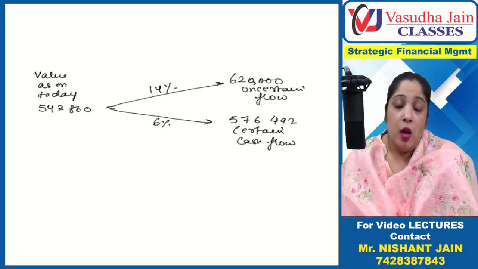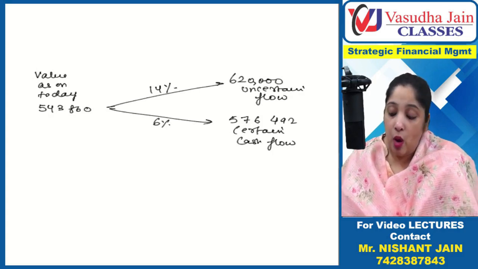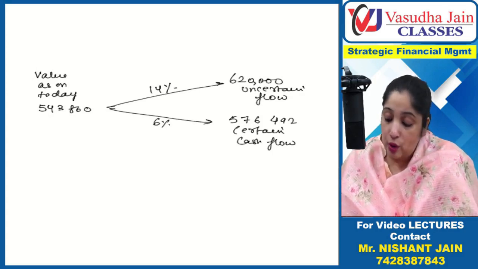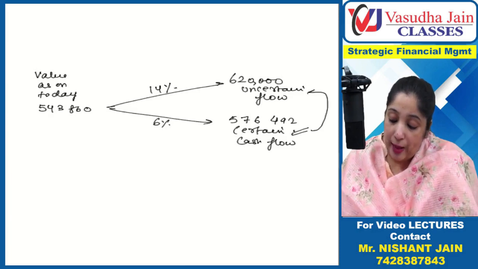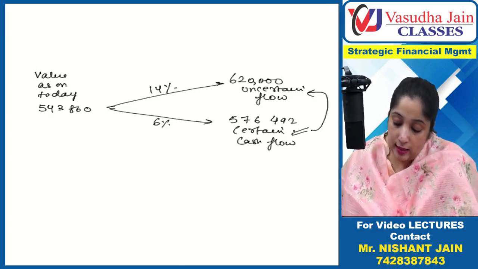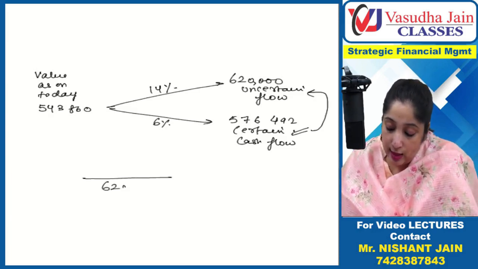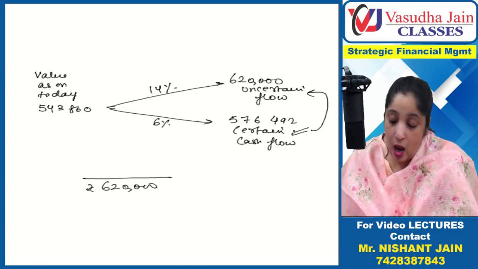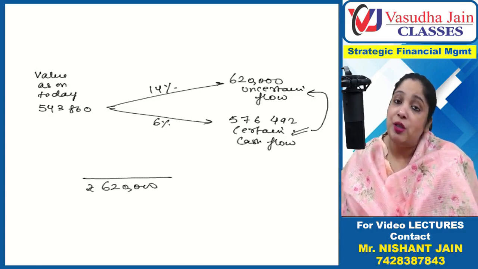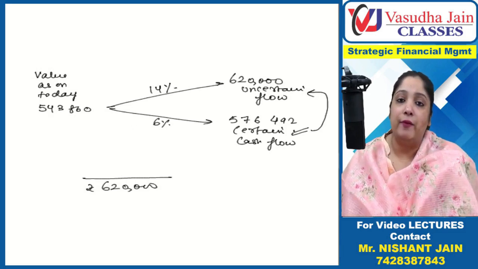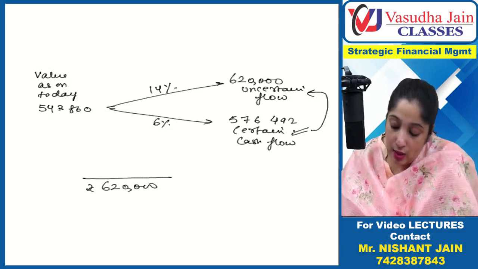Now, if you want to know the proportion of certain cash flows in comparison with uncertain cash flows, that is, out of 6,20,000 rupees, how much is the amount of money which is certain that you will definitely get after 1 year if you sell the house? 5,76,492.